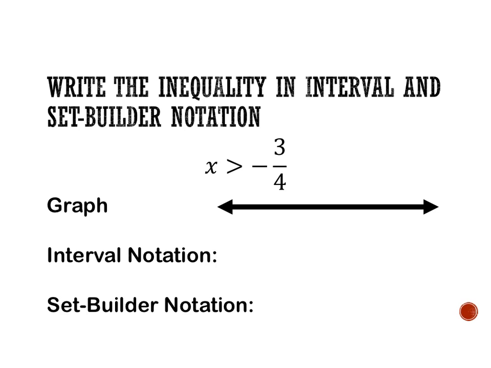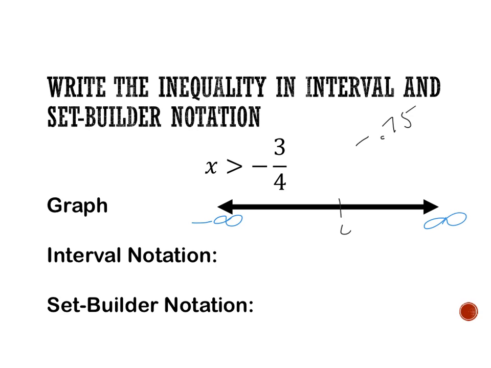Alright, now I've got one for you to try on your own, but I want to start you off with the graph. So first of all, this arrow is my negative infinity, this arrow is my positive infinity. And on this one right here, it is negative 3/4. Well, negative 3/4 is the same thing as negative 0.75.